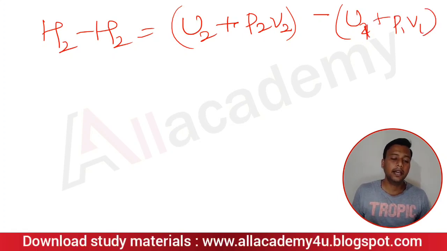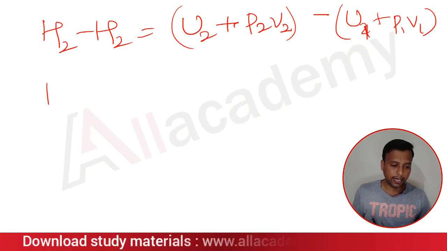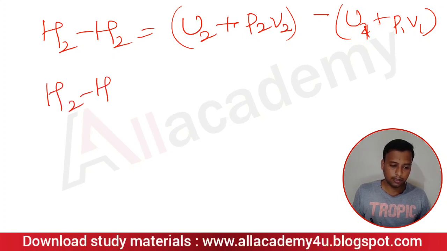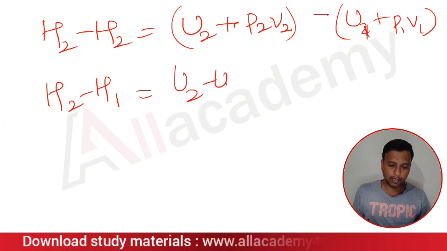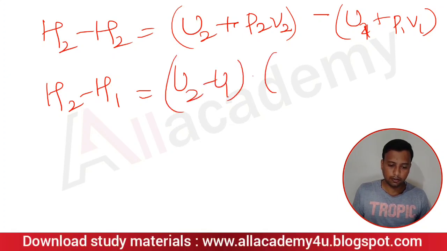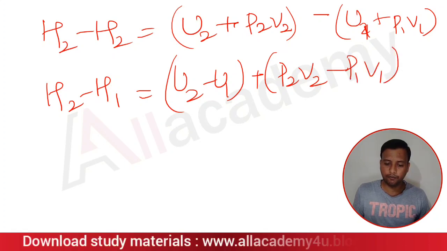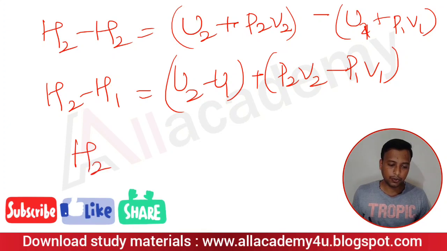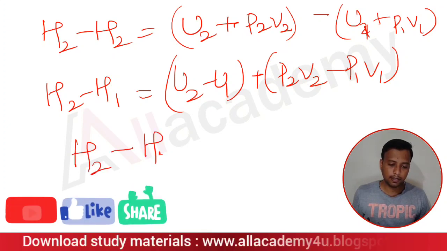So this is the enthalpy relation. Just rearrange this equation. It will be equal to U2 minus U1 plus P2 V2 minus P1 V1. Yes. So we have already identified this one.